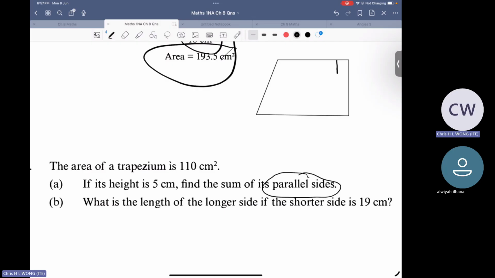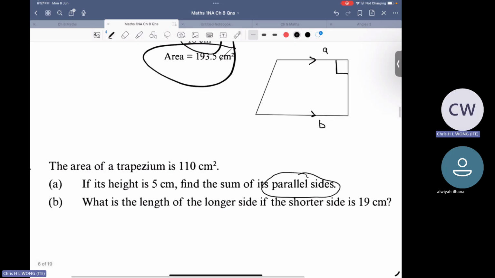Now this is A, and I'll put two arrows here to show that they are parallel. So this is A, this is B. But I have given you the height, 5. So this is 5, from here to here.